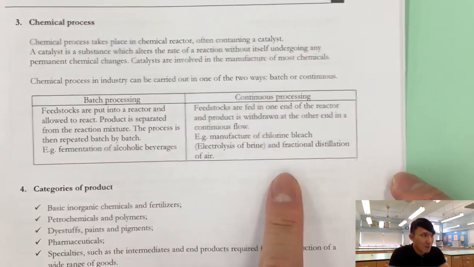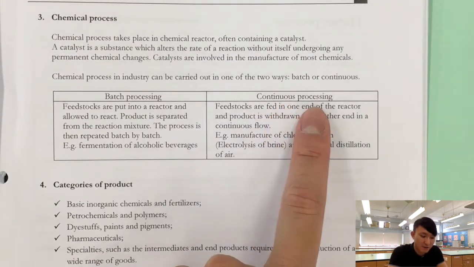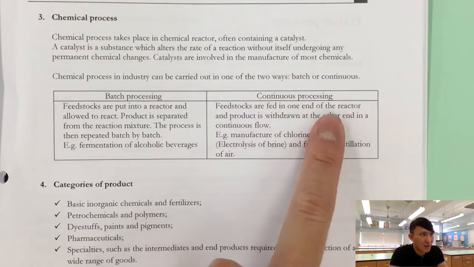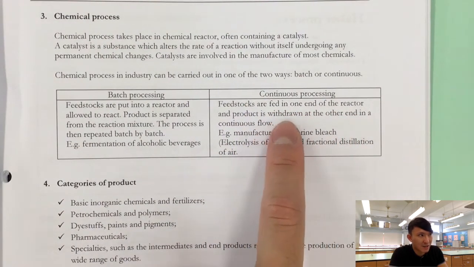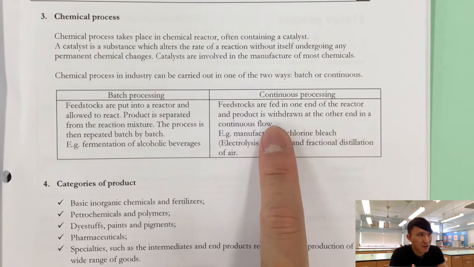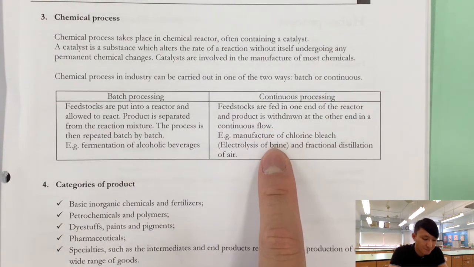Now, however, most industrial processes adopt continuous processing. So the feedstocks are fed into one end of the reactor, and product is withdrawn at another end of the chamber, so it forms a continuous flow.